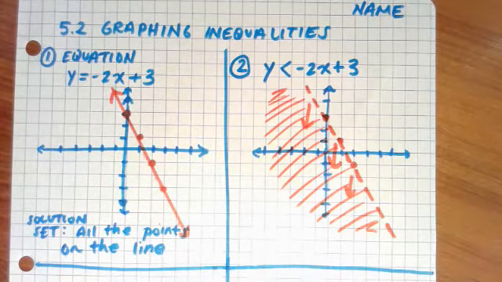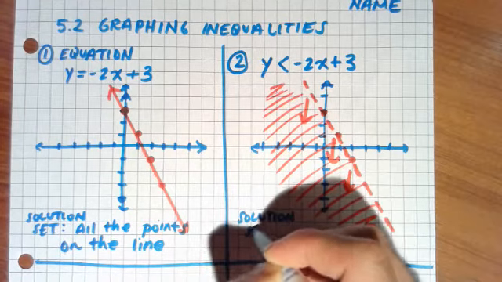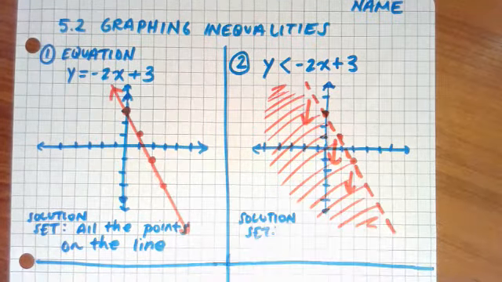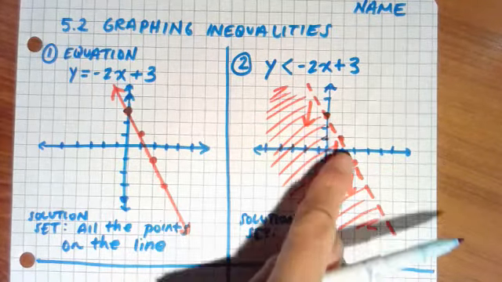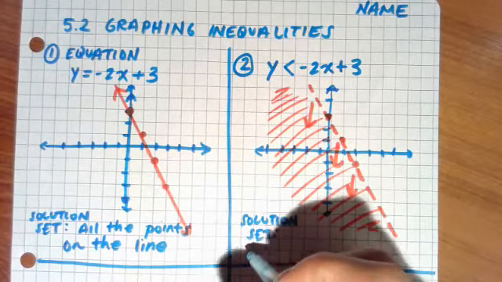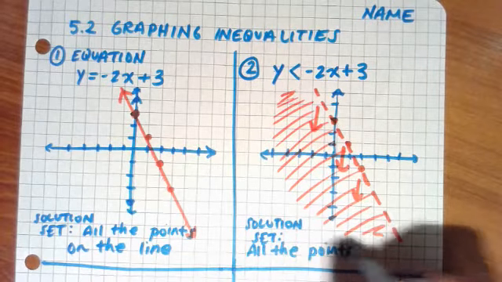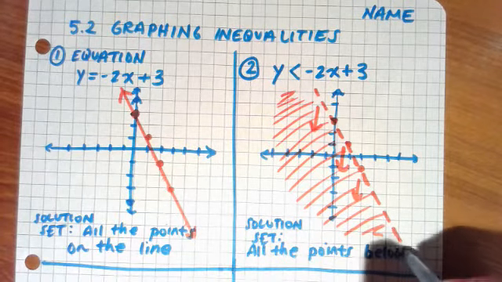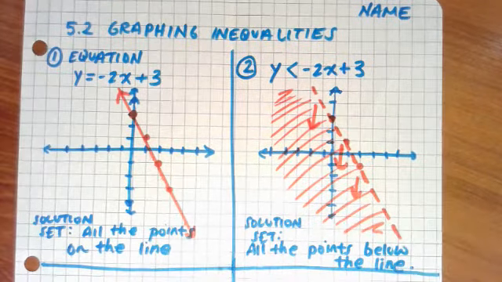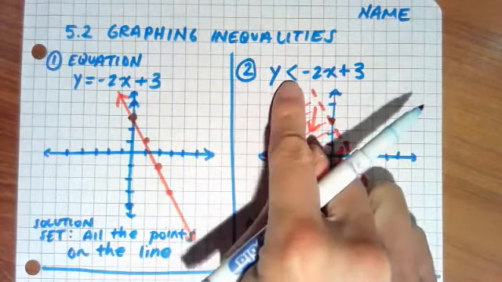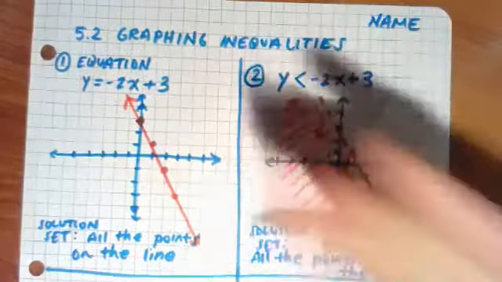Because my solution set now is, instead of the solution being all the points on the line, it's all the points below the line. Because it's y is less than, that's why we're now looking at everything below the line instead of everything on the line.